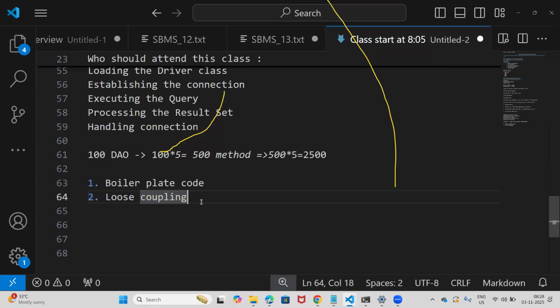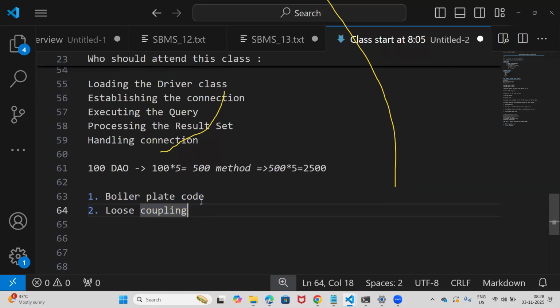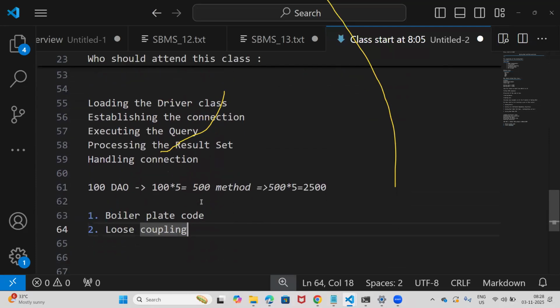In ORM you will be dealing with objects. An object is directly mapped to a row in the database, so there won't be any issue with whatever database you're using. This is one of the prime reasons, guys. Don't think only of boilerplate code. Loose coupling is also one of the reasons JDBC became outdated.